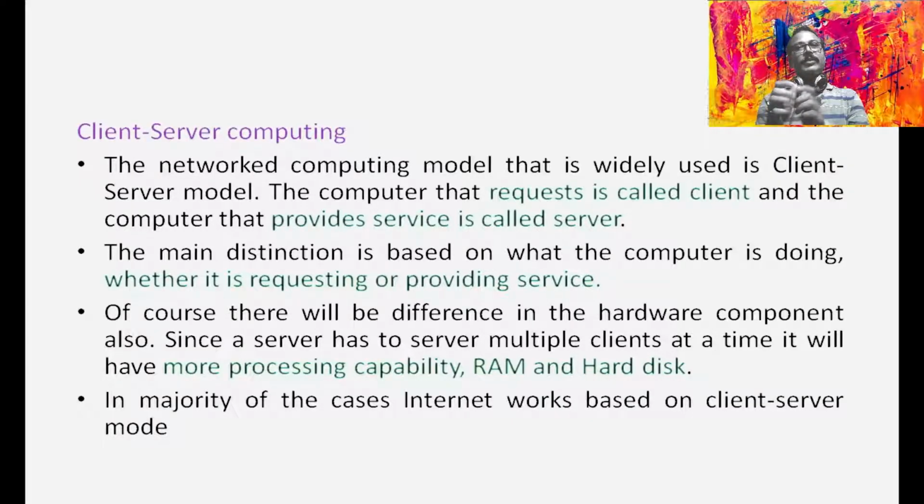That means it should have better RAM, better processor, and then more hard disk also, so that it can serve many requests at a time. So client server classification is done based on what it does, whether it is requesting or providing service. Apart from it, the hardware also may vary. Not mandatory, but may vary depending on the requirement.